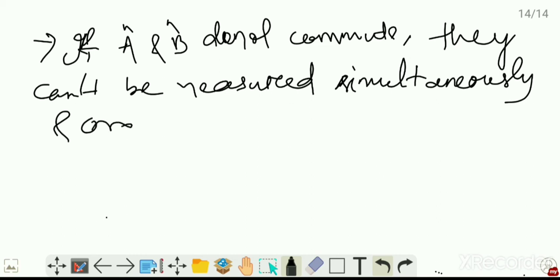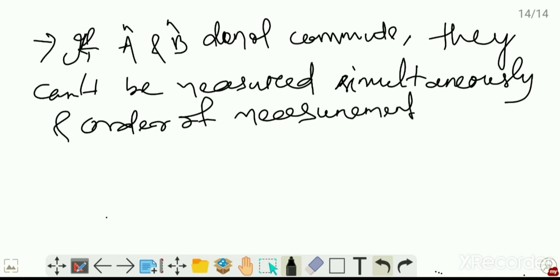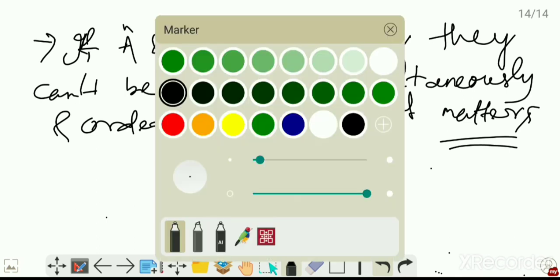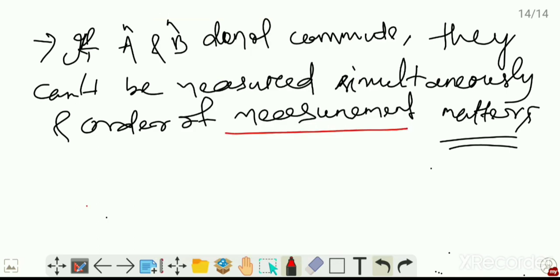And order of measurement matters. That is how we will see how order of measurement matters when two operators do not commute. चलिए देखते हैं कैसे दो ऑपरेटर की जो मेजरमेंट है वो कैसे मैटर करती है.